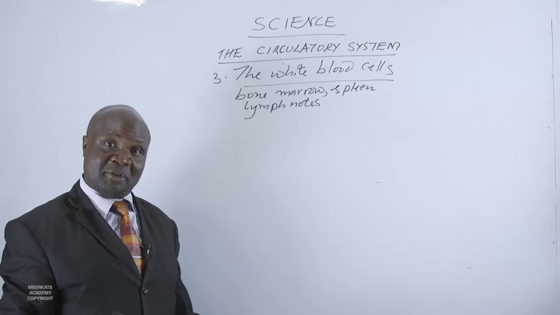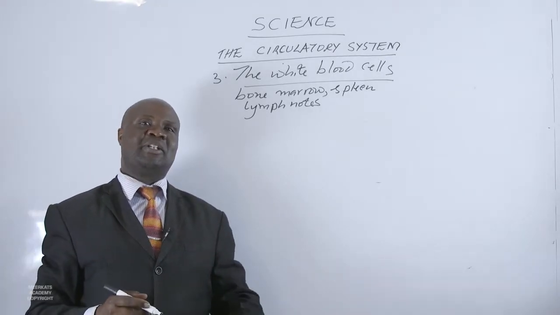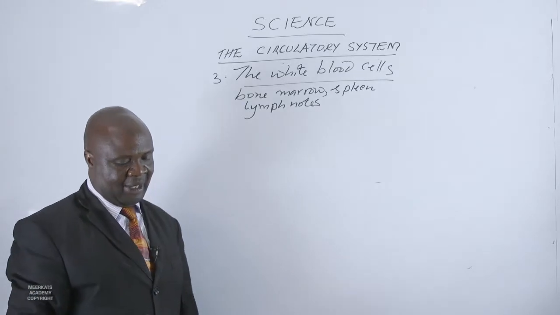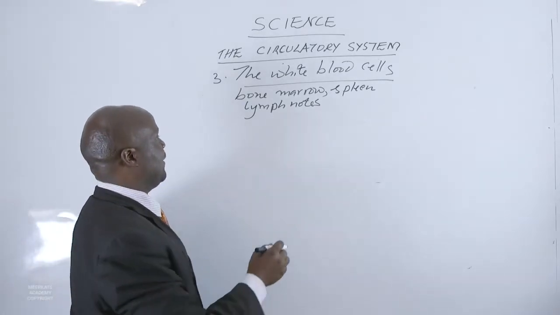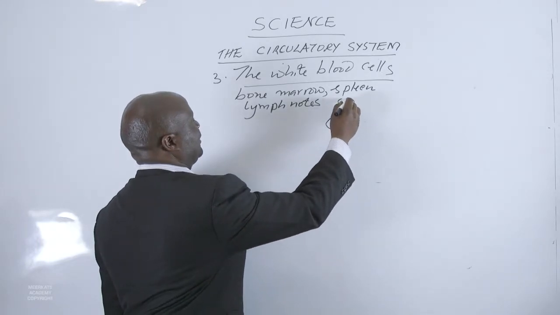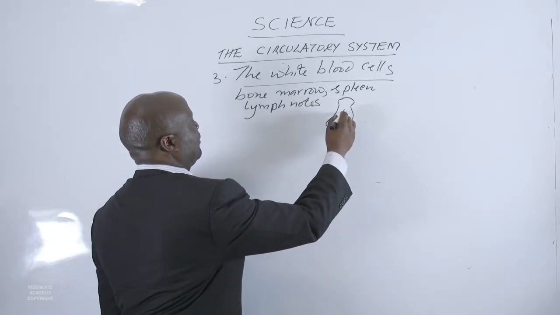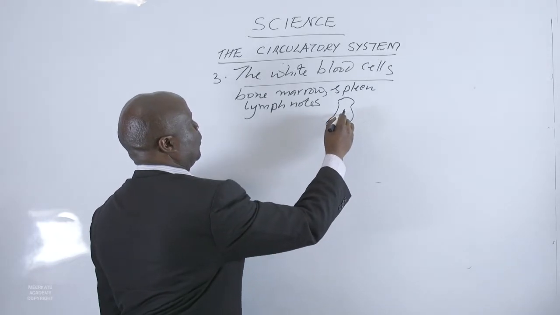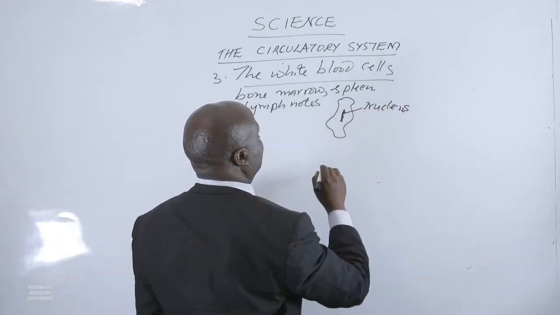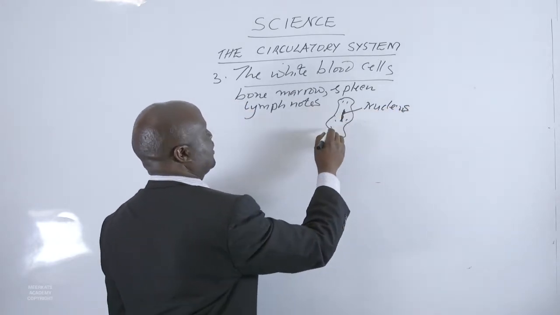So the white blood cells have a nucleus, while the red blood cells don't have a nucleus. The white blood cells have a nucleus, and they change their shape. For instance, we can have this one as an example. This is the nucleus. This other is the cytoplasm.